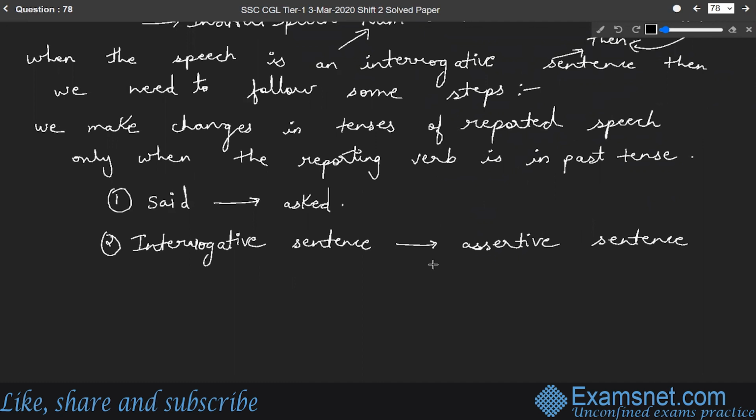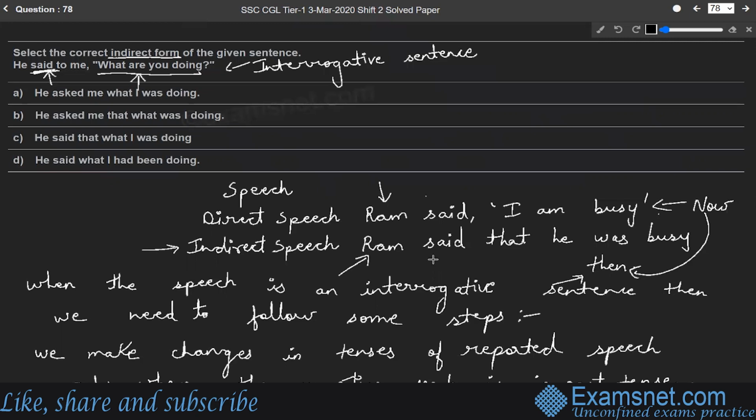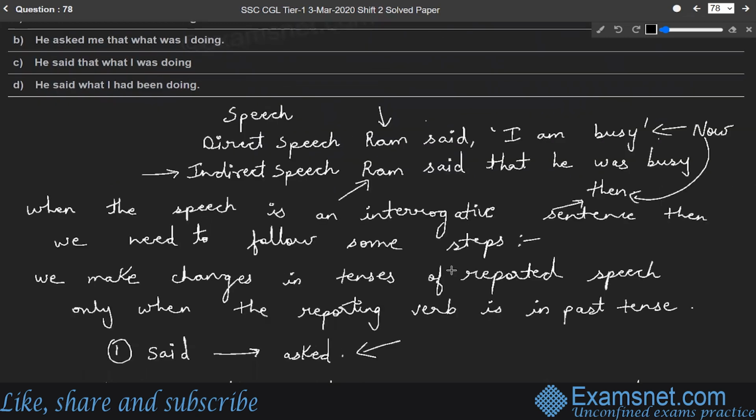So how will we change it? Here we have to first change the verb. Okay, so we have changed the reporting verb, that is said is changed to asked. Then now we have to change this sentence from interrogative to assertive. So to change that, we have to change the tense of the given speech. And tense will be changed accordingly here. In this sentence, you can see that there is a helping verb which is are. So are will be changed to was.